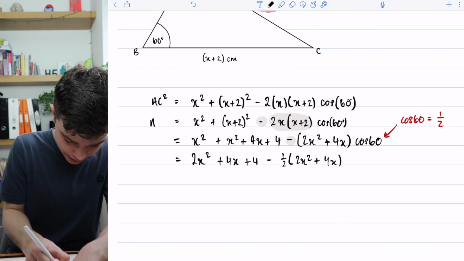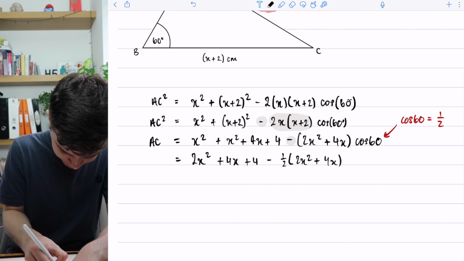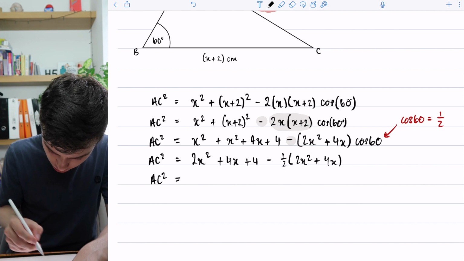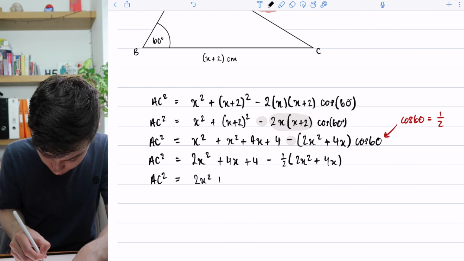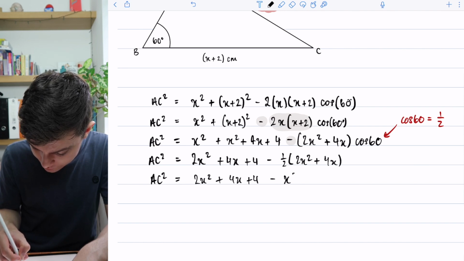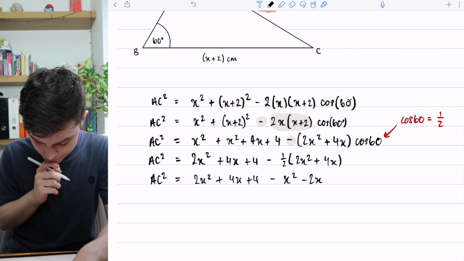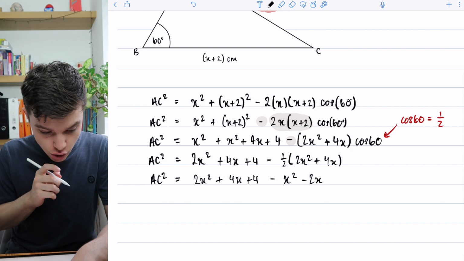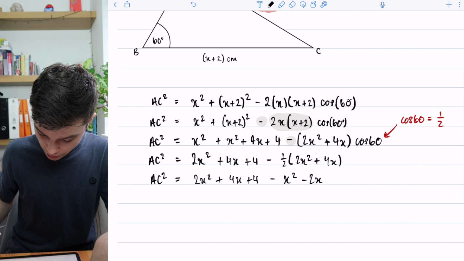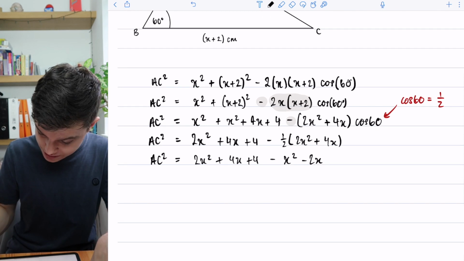Okay, remember this is AC squared all the way down here. So AC squared is equal to 2x squared plus 4x plus 4 minus x squared minus 2x. Then I can do a little bit of simplification here. And this is what we're going to get.